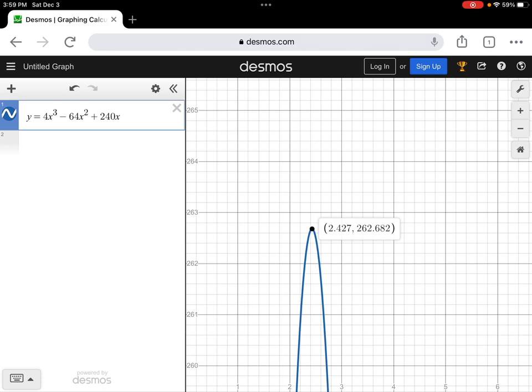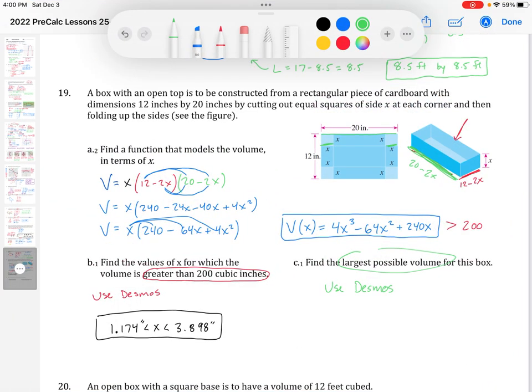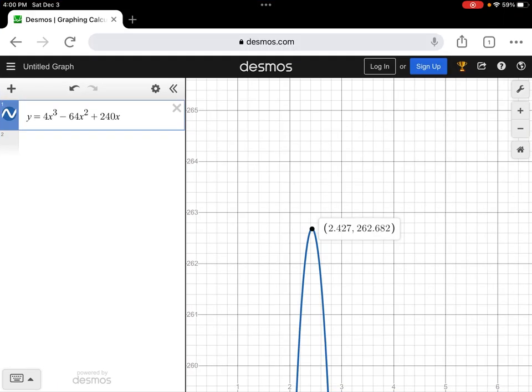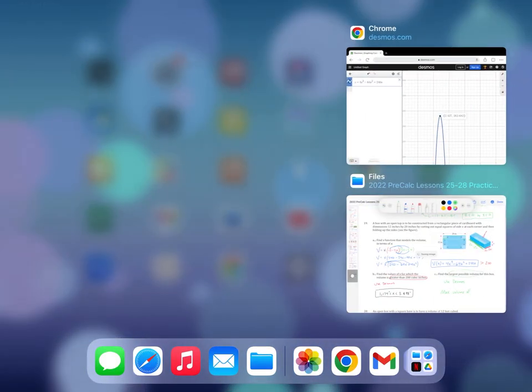2.472 or 2.427 inches. So that point there is like your local maximum. So I would say you have a max volume of, let's see, what was that y value? 262.682.